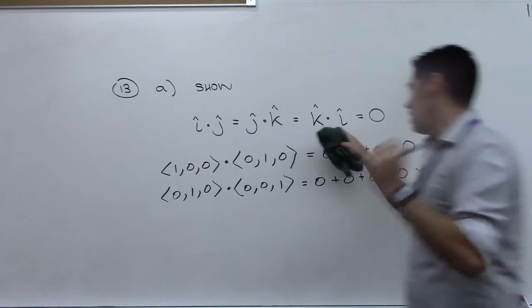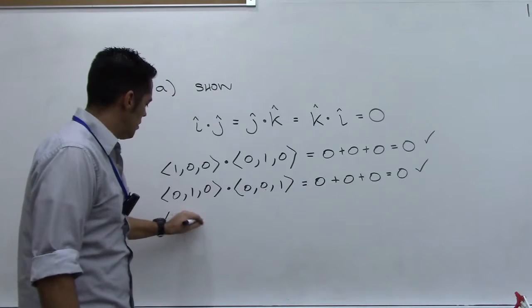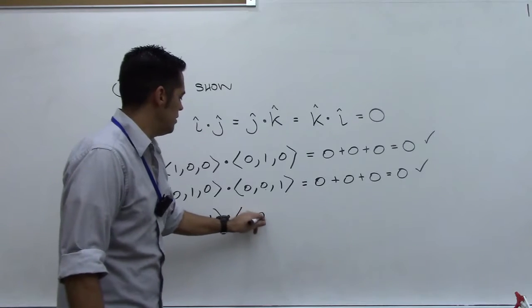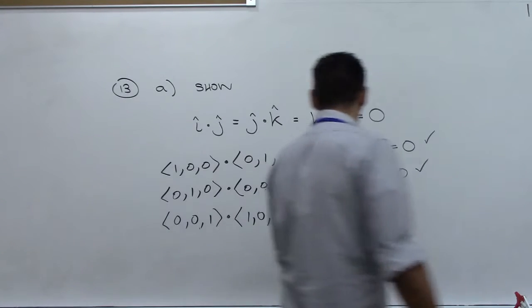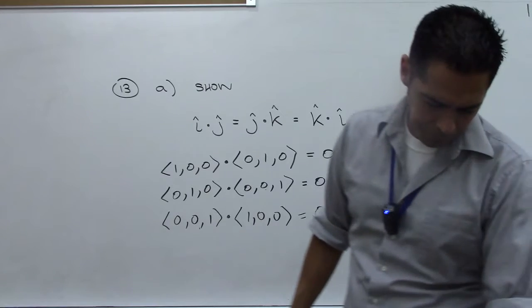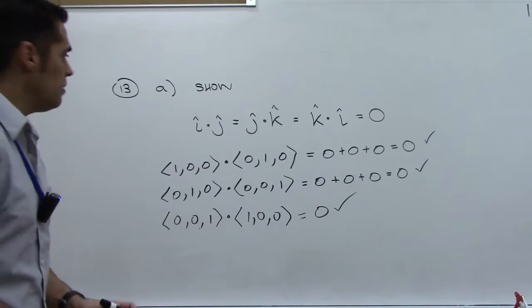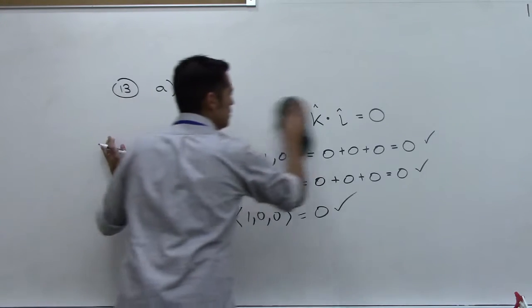And then k hat dot i hat would be 0, 0, 1, dotted with i hat, which is 1, 0, 0. And therefore, if you do this, you'll get 0 also. All right, not bad.